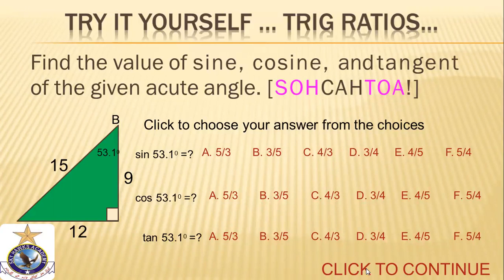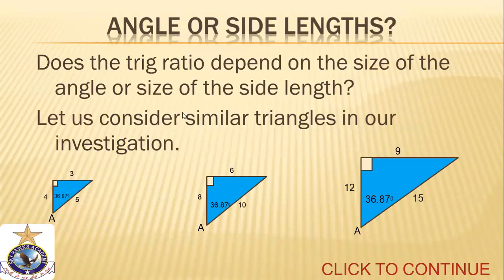So the next one is, angle or side lengths. Please read this one. Do trigonometric ratios depend on the size of an angle or the size of the side length? Let us consider similar triangles in our investigation.